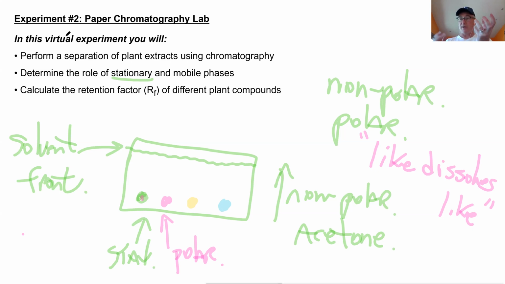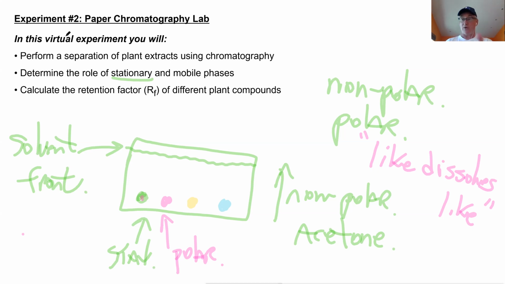Because nonpolar molecules have more interactions with a nonpolar solvent, and a polar molecule has more interactions with a polar solvent. And the more interactions you can have with something, the more you stay bound to it.